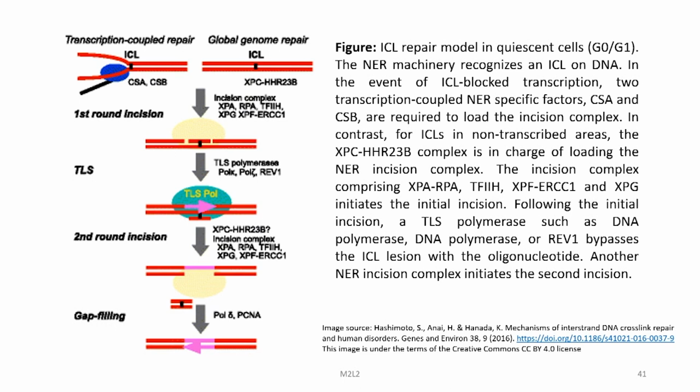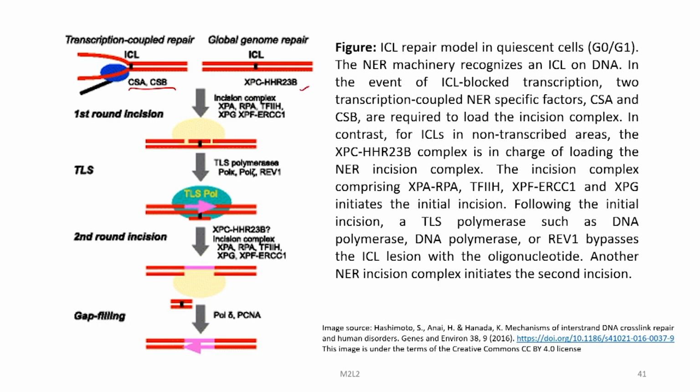In the event of ICL-blocked transcription, two transcription-coupled NER specific factors, CSA and CSB, are required to load the incision complex. In contrast, for ICLs in the non-transcribed areas, the XPC-HHR23B complex is in charge of loading the NER incision complex.